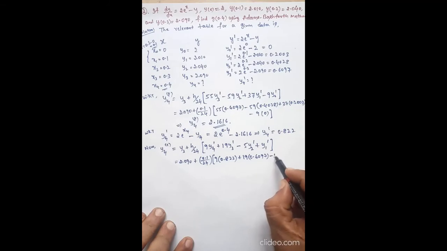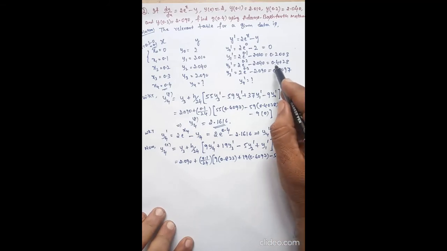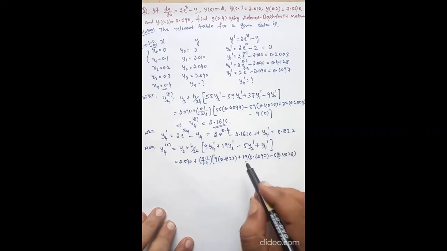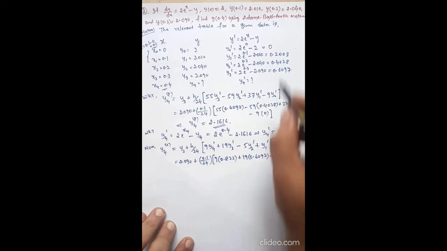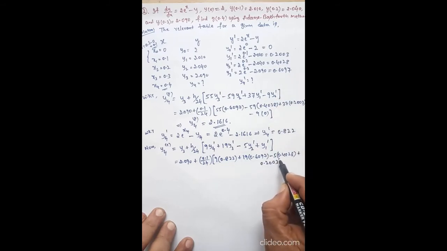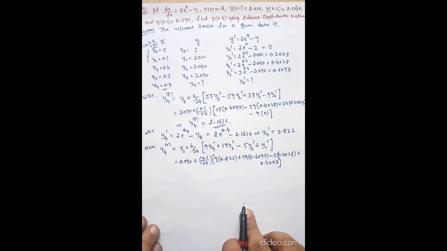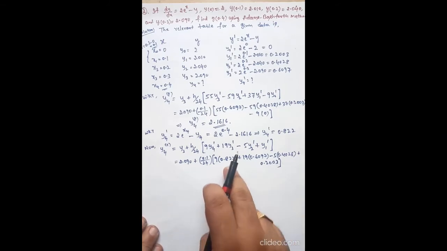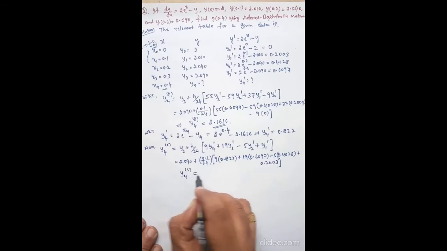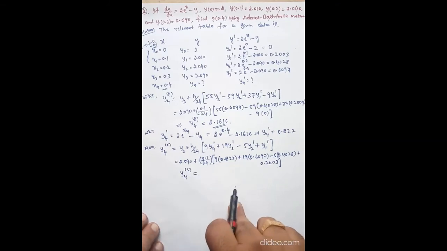Next, minus 5 into y2 dash. So it is 0.4028. The last term plus y1 dash, and y1 dash is 0.2003. So the values are substituted here. So use your calculator and find what is y4 power c, the corrected value of y.